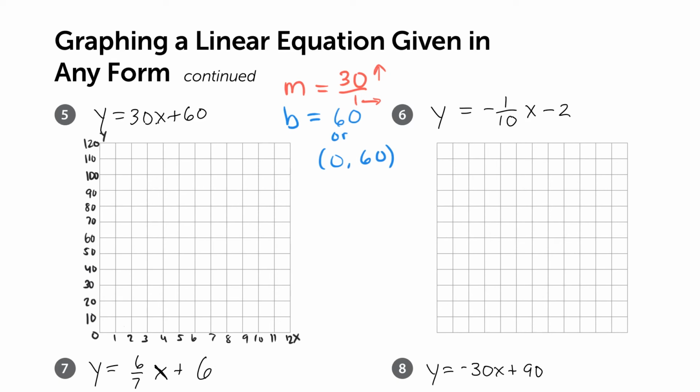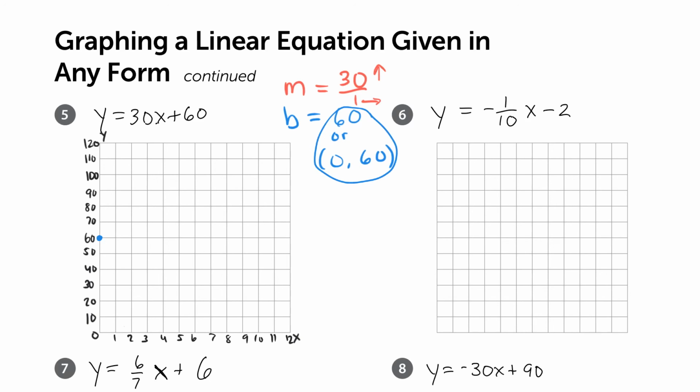So once I have my axes labeled, now I want to start off at my y-intercept. So I'm going to go to 60 and plot a point. And then once I start off right there, my slope is telling me where I'm going. So I need to go up 30.